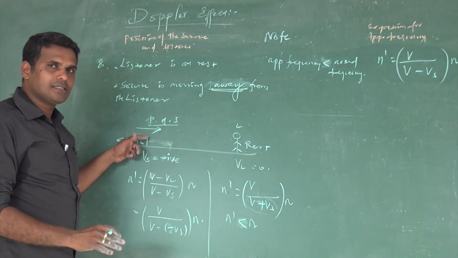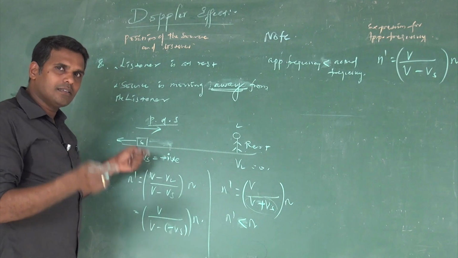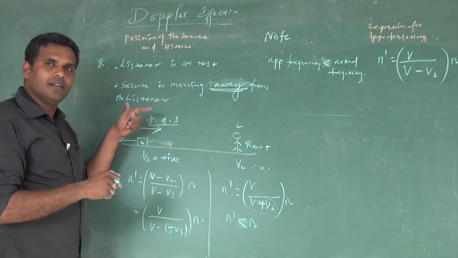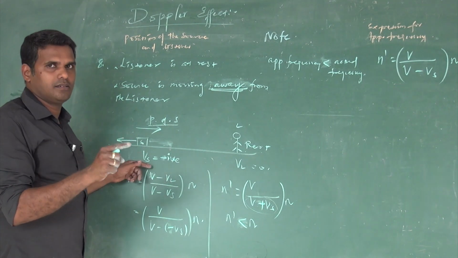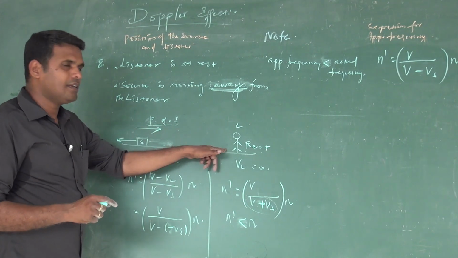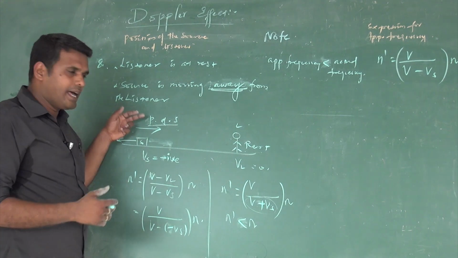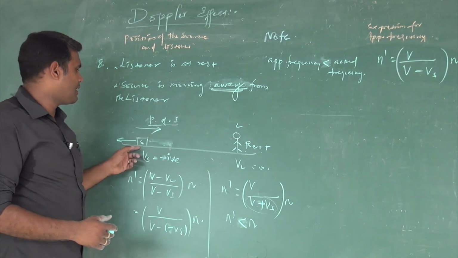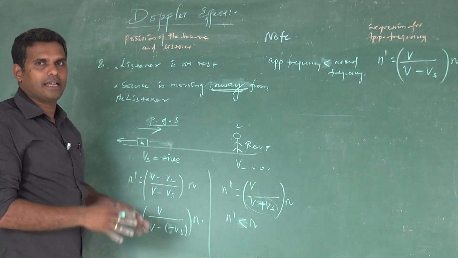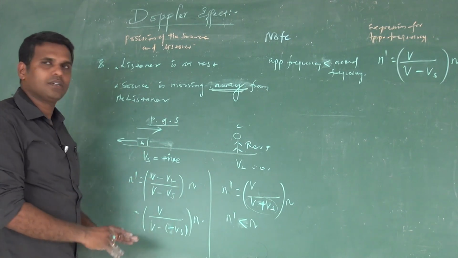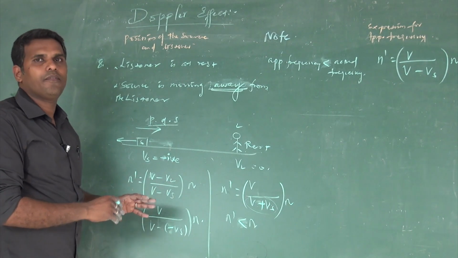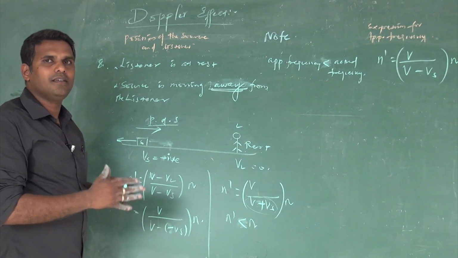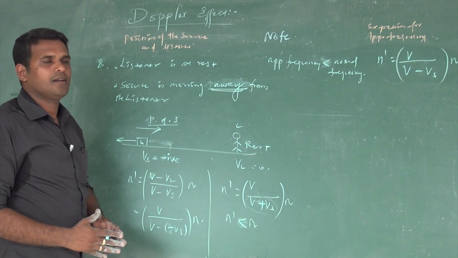If the source and the listener are moving along the same direction as that of the propagation of sound, then their sign must be taken positive. If the source and the listener are moving opposite to the direction of propagation of sound waves, then Vs and VL must be taken negative. If you apply those sign conventions, then you can easily calculate the apparent frequency of the sound observed by the listener.